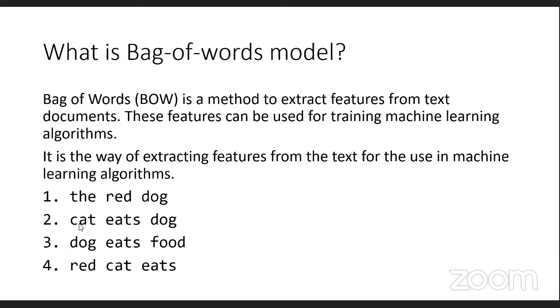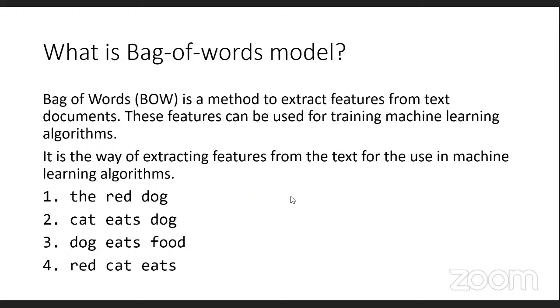The red dog, cat eats dog. Here, for the first sentence, second sentence, all these words will be in columns, and these 1, 2, 3, 4 are documents, which will be in the rows. For the first row, the red dog, below the column it will mention one.